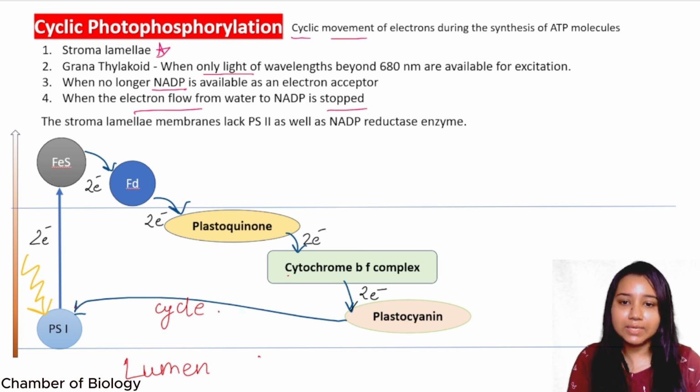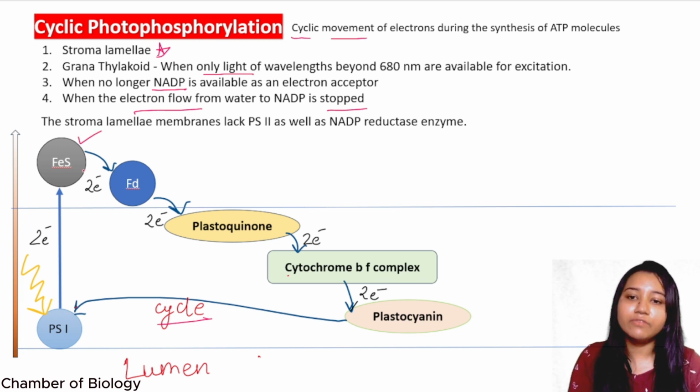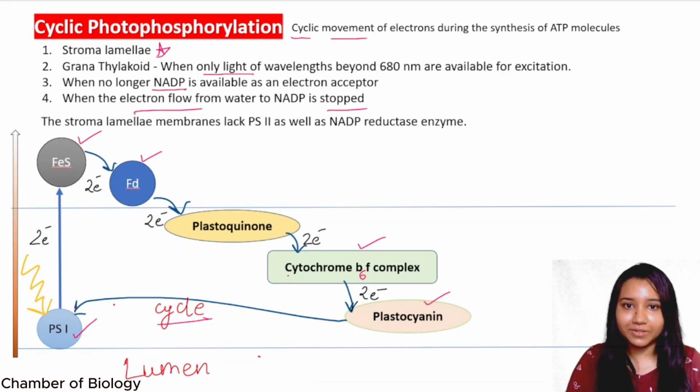So we see here that the whole cycle is happening. The PS1 gets excited, transferring electron to the iron sulfur protein, then to the ferredoxin, then finally to the plastoquinone. It is not going to the NADP, okay, NADPH. Then it is coming to cytochrome b6f complex, and then to the plastocyanin, and then cycles back to our PS1 P700.